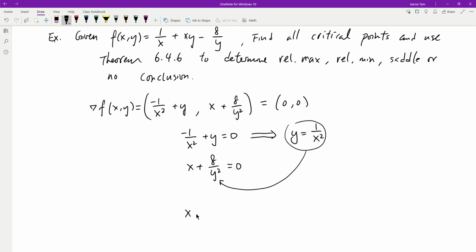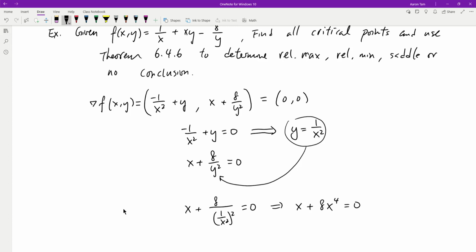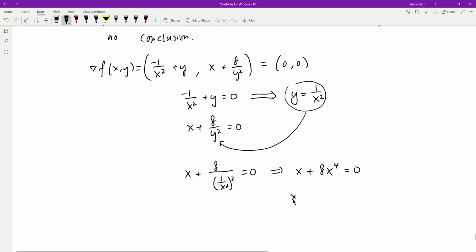Therefore it becomes x plus 8 over 1 over x squared equal to 0. That turned out to be x plus 8x to the fourth equal to 0. That's actually not too bad. I can factor out 8 and x, then I have 1 plus 8x to the third equal to 0. So this tells me two possibilities: x equal to 0, or 1 plus 8x to the third equal to 0.